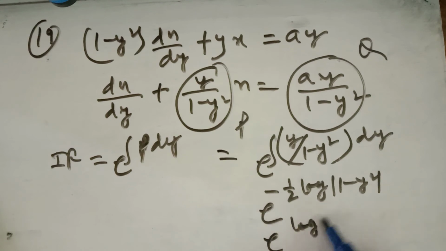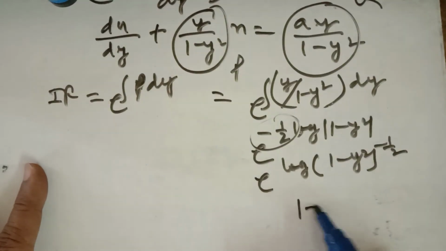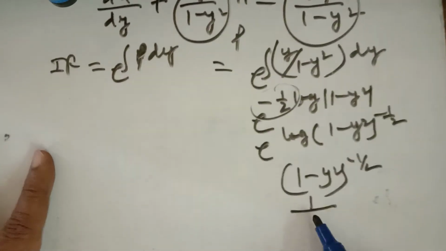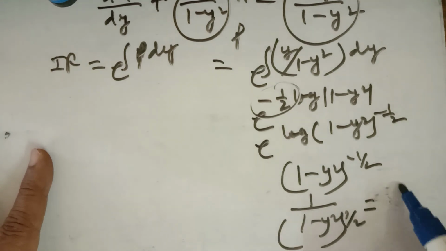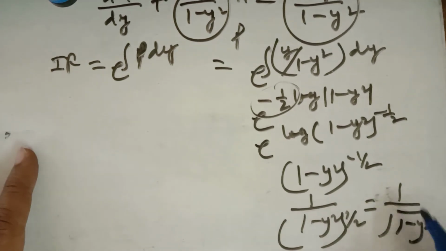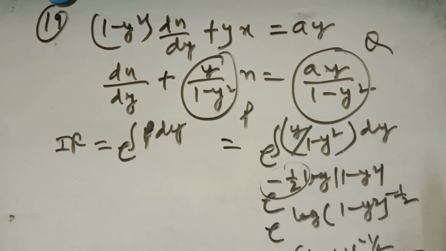Using the properties of the log, I have taken this as the power, and e to the power log x is equal to x. Taking the exponent positive in the denominator, 1 minus y square to the power half, which is under root 1 minus y square. So this is the integrating factor of this linear differential equation, which is of the second form.